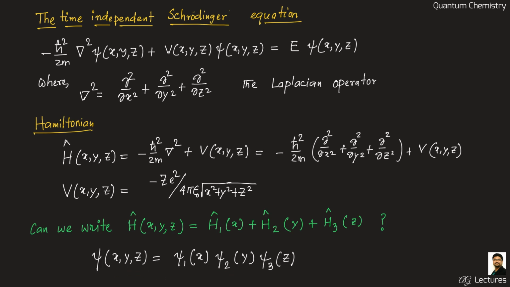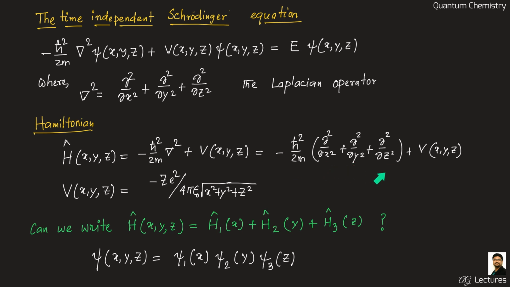This is a very convenient form, and thus the three different parts of the solution can easily be found using the method of separation of variables of differential equations. But for that, as I said previously, we need to split the Hamiltonian into three different Hamiltonians involving only one variable each.